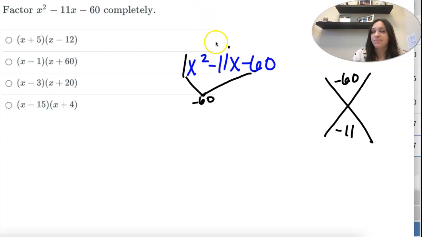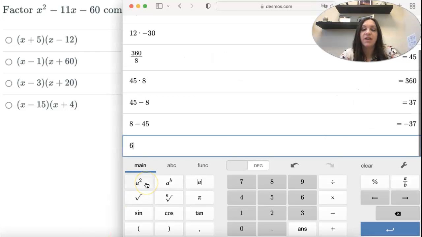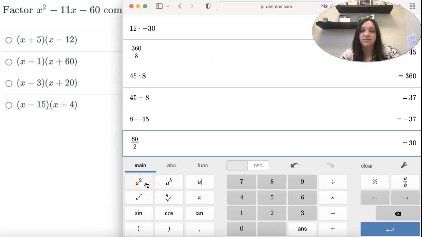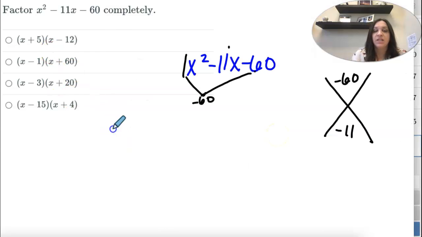Can you think of them? If you're not sure, just start dividing. See how 15 minus 4 is 11? So 15 times 4 is 60, but we need them to add to a negative.